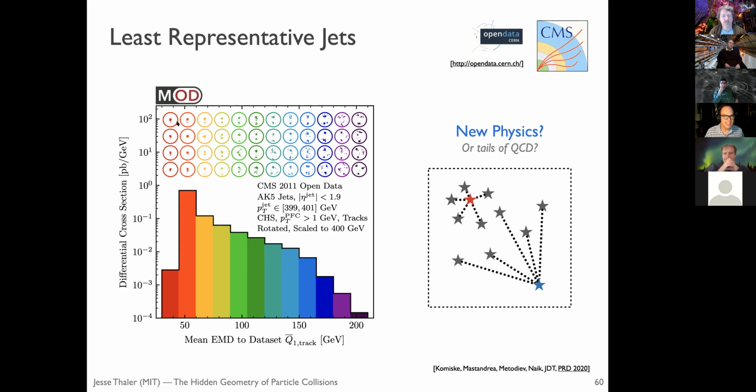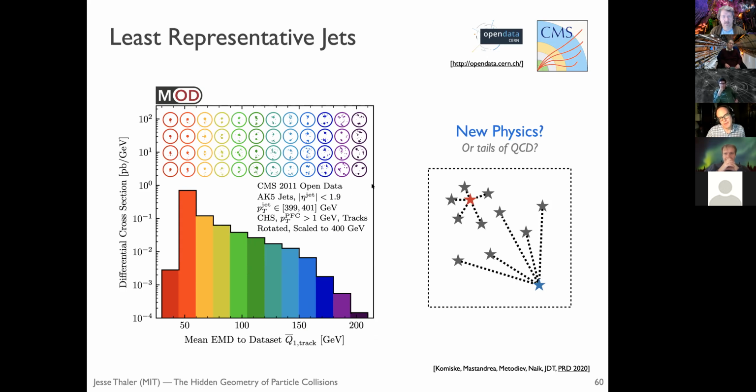Going out further, you have exotic configurations, which are far away from the mean energy flow. This is a type of histogram that you can make without ever having to say anything about a model. You just use this EMD and do an unsupervised learning strategy to say what configurations are anomalous and what configurations are typical.